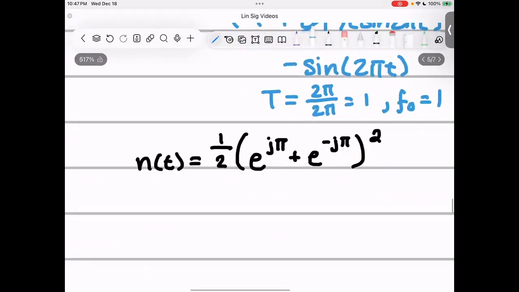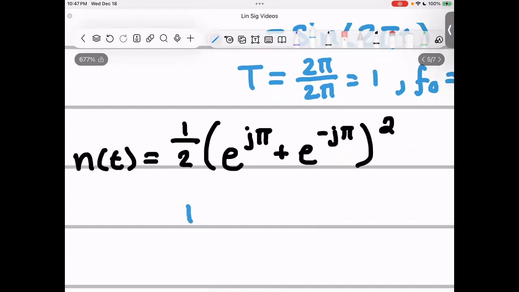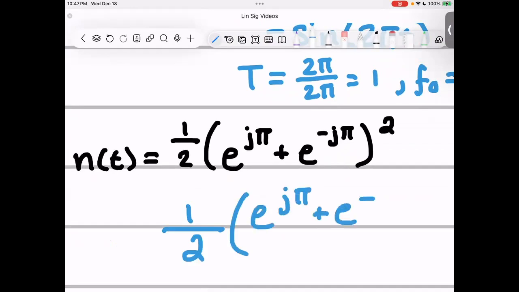Now we do have this one, and this again touches upon an Euler identity from the last video. You can see that it's 1/2, and then we have this funky e to the j pi, this e to the negative j pi squared.